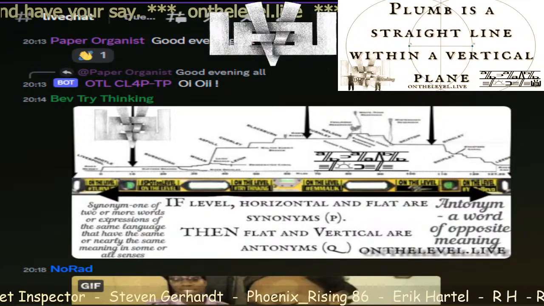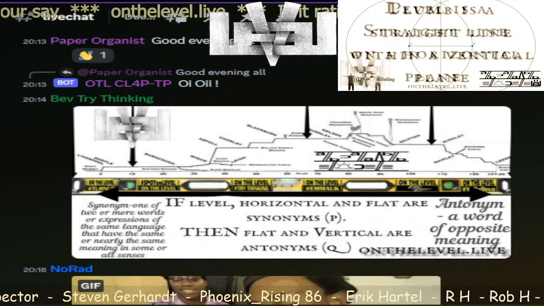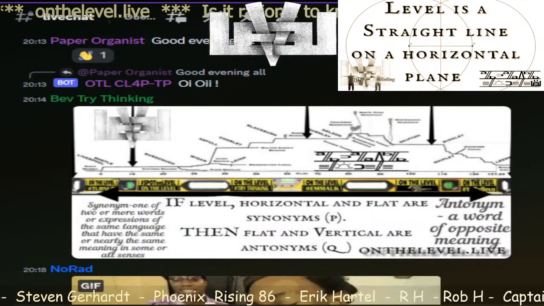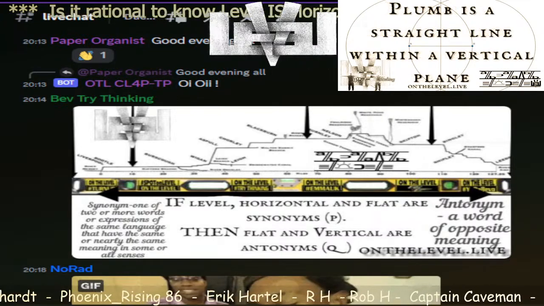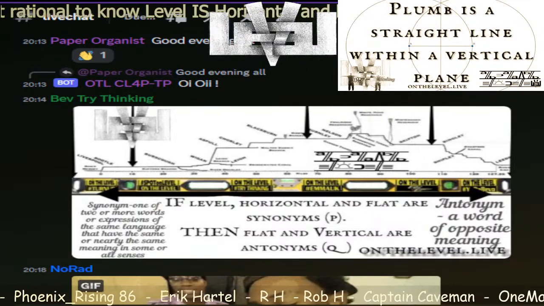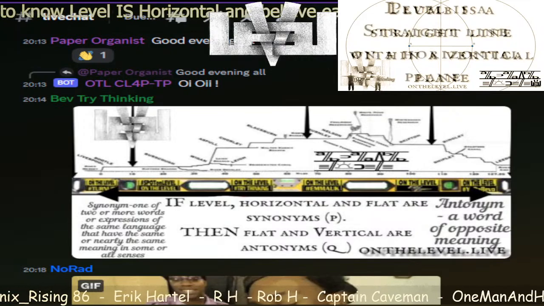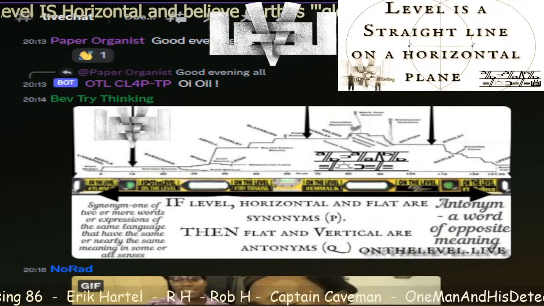So I'd say that's a modus tollens in that case, in which case you would say there has to be a problem with level, horizontal and flat being synonyms. There's your modus tollens.